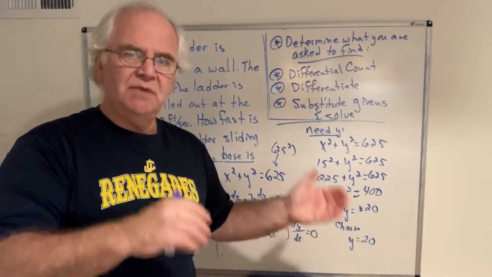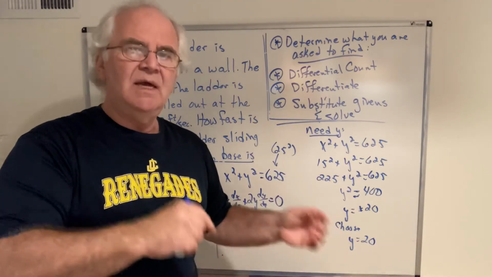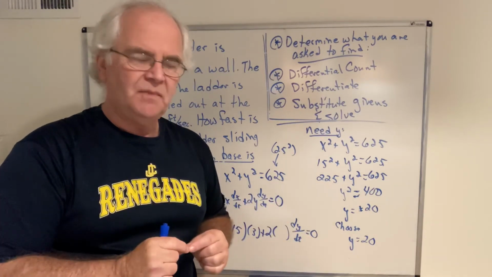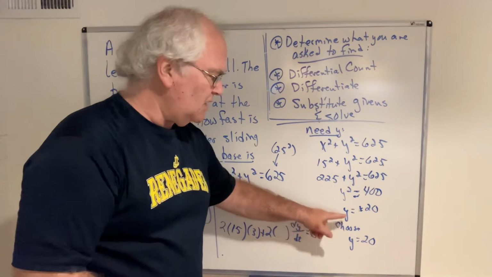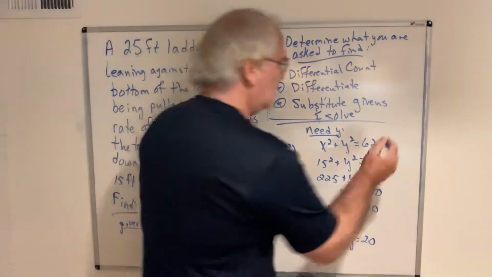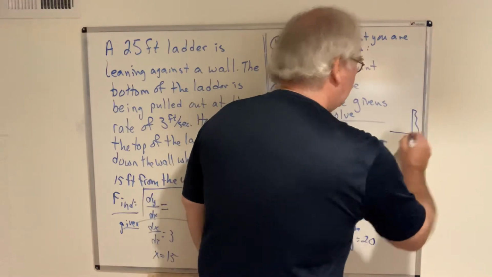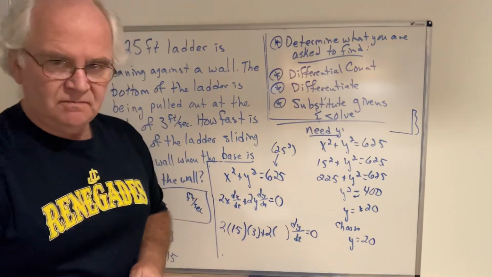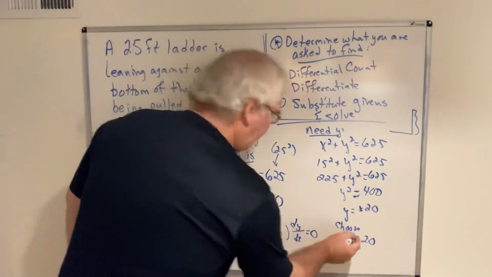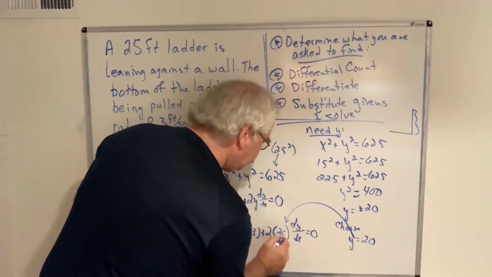You choose the positive or the negative depending upon the physical nature of the problem. We choose positive not because you always choose positive. We choose positive because the ladder height is a positive distance. So we're choosing y to be 20, and now get on with it.